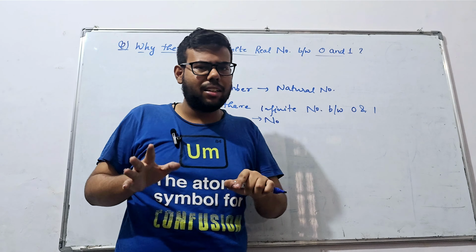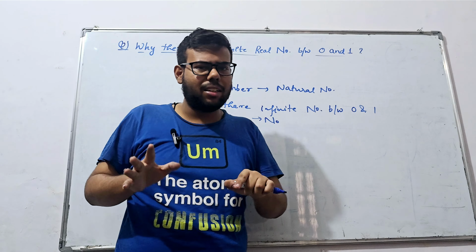Let's start with method one. Method one is basically using some examples. This is your first number and this is your second number, both whole numbers or natural numbers, whatever you want to say.